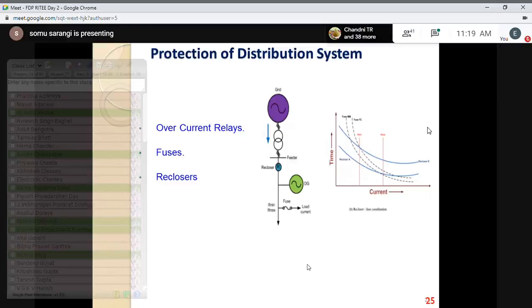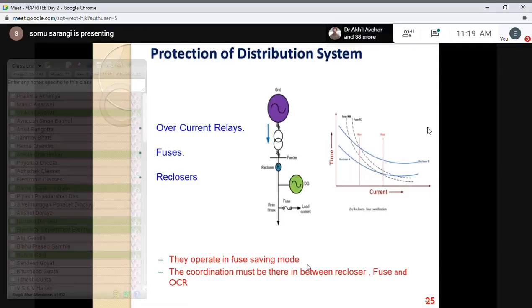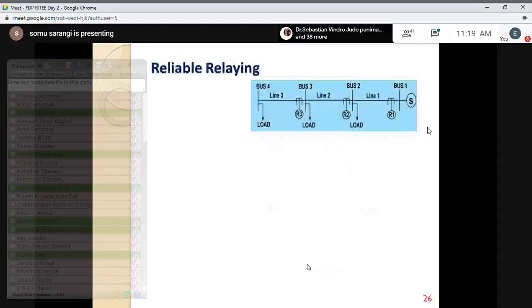As you know, when the current increases, the time of operation should decrease. Within a particular domain of PSM, that is plug setting multiplier, they are coordinated with each other. Normally we operate in the fuse saving mode, and coordination must be there between the recloser, fuse, and OCR.